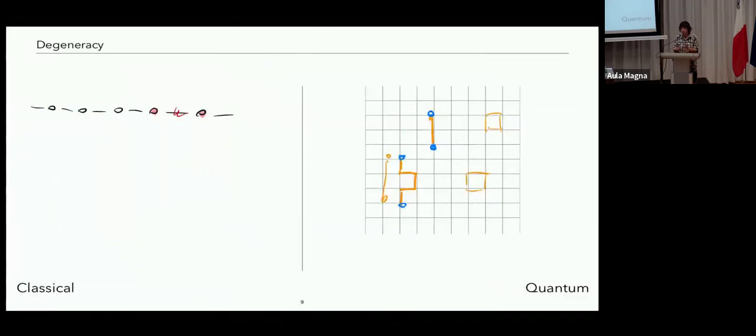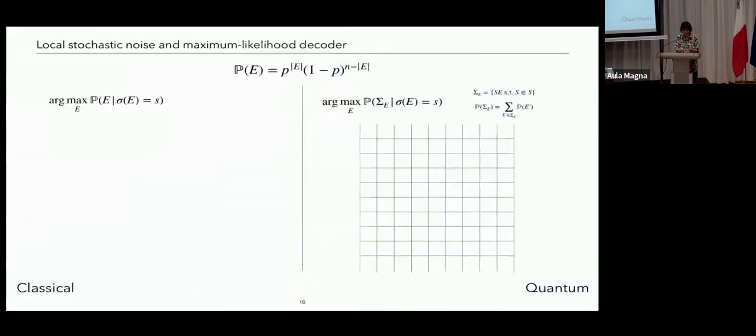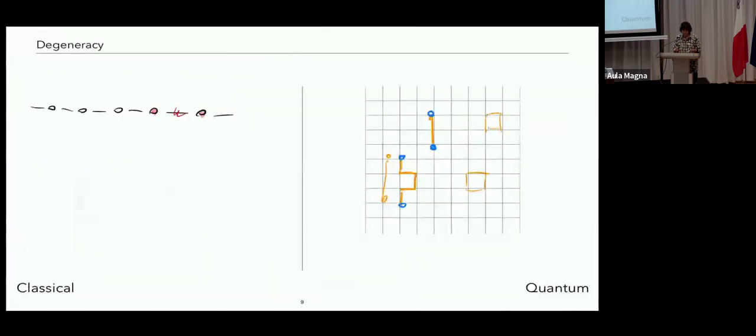So the fact that you have more than one error with the same syndrome means that if you want to minimize the weight of the error, for instance, which is a sensible option when you have this noise model, you can have an error class that has a lot of different representatives like this, that it's actually more likely than the one that has exactly the straight path.